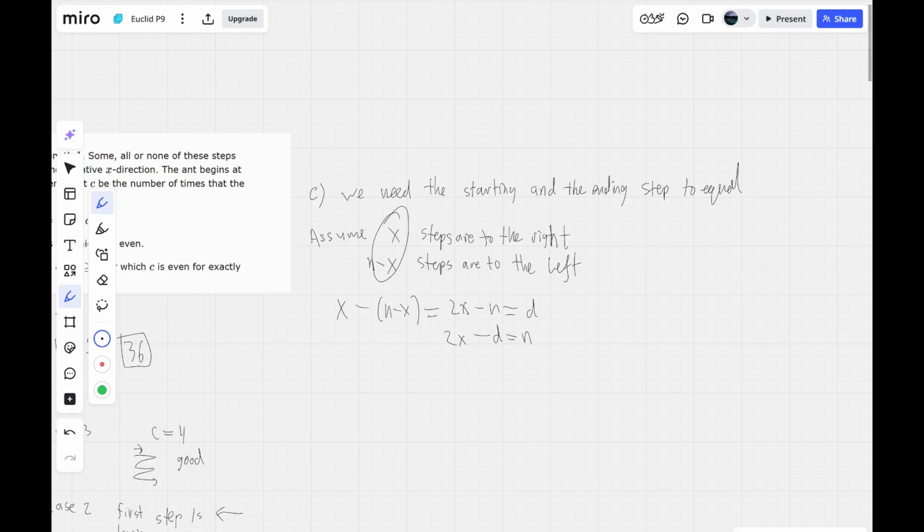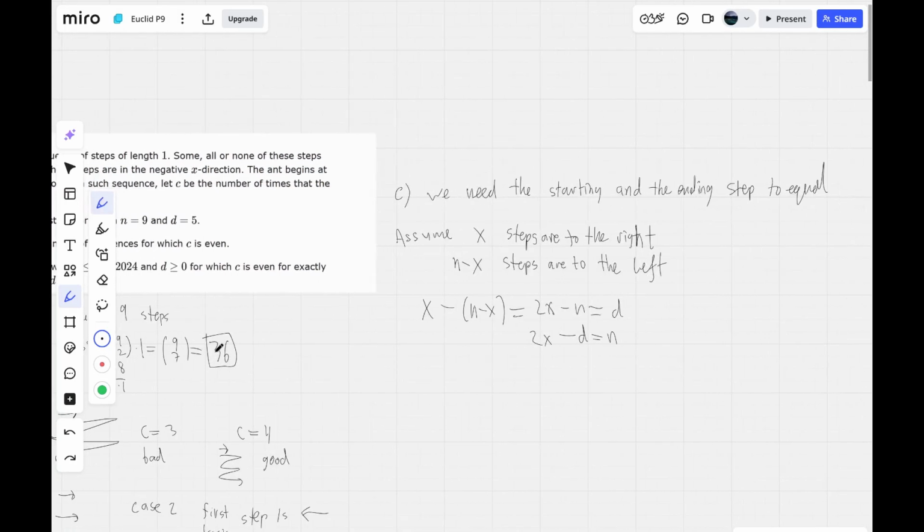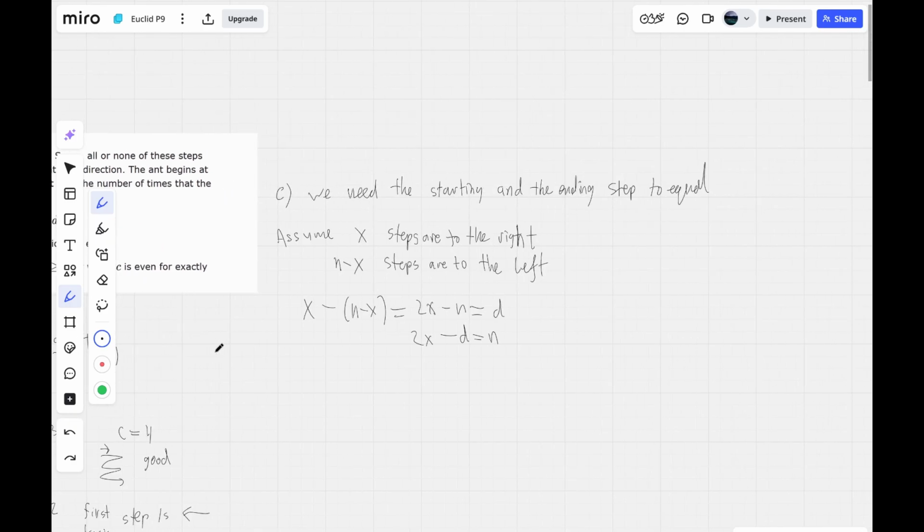Automatically, X plus N minus X is equal to N. So automatically, N steps are taken, right? So X basically can be anything, and X must satisfy that 2X minus D equals N.